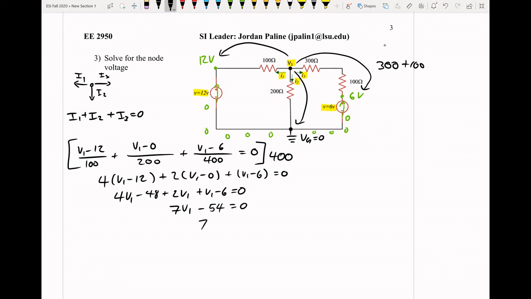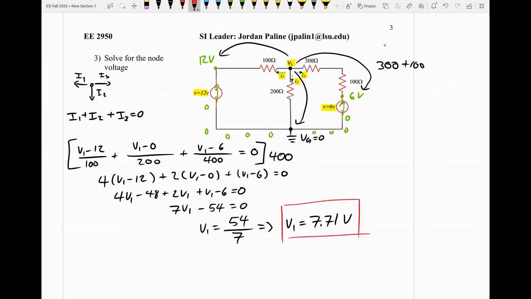Therefore V1 is going to be equal to 54 over 7, it's an ugly 54 over 7. So V1 will equal 7.71 volts. Okay, just a real quick, short and easy problem, but it might be a little tricky if you don't know to use those points.